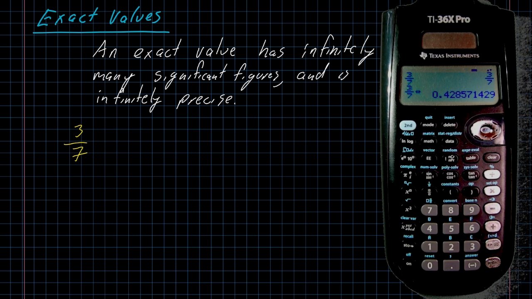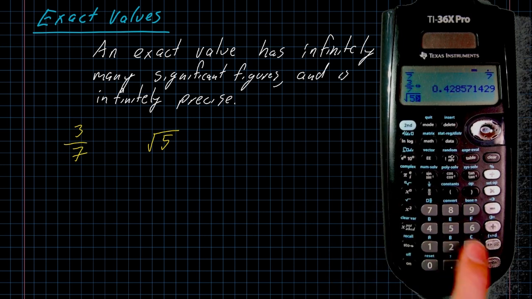The 3 and the 7 have infinitely many significant digits. And so writing it as a decimal approximation, we lose accuracy. Since we don't want to lose accuracy, we leave it as 3/7. Likewise, I might write the square root of 5 instead of trying to get my calculator to give me the approximate value.